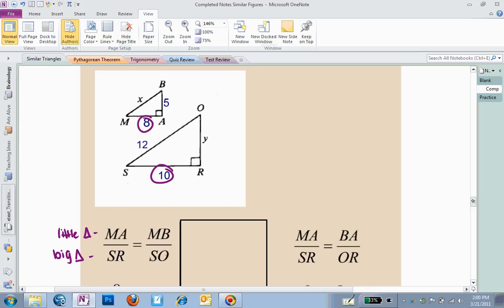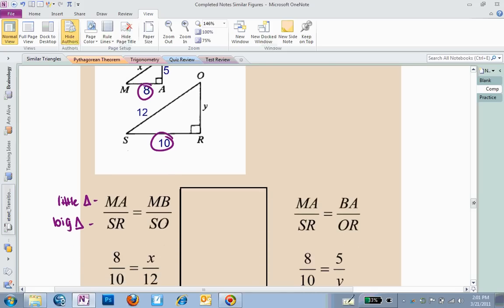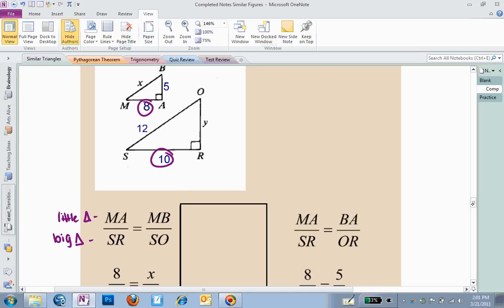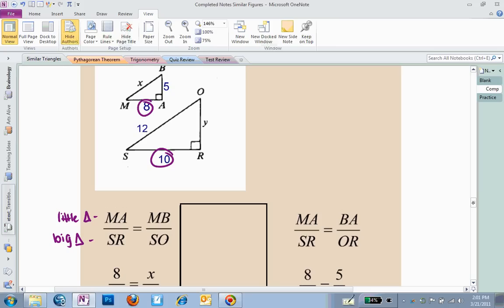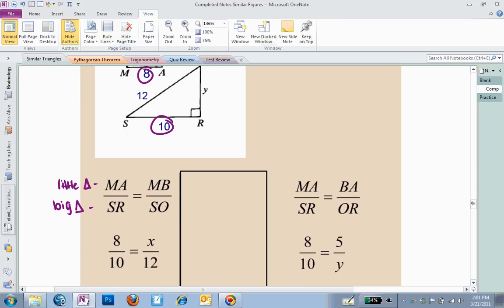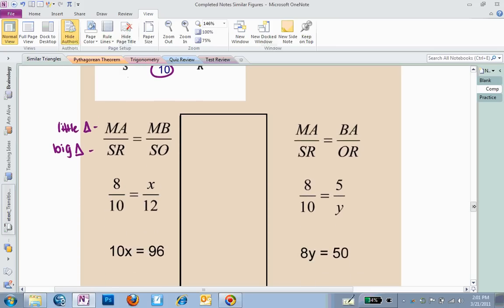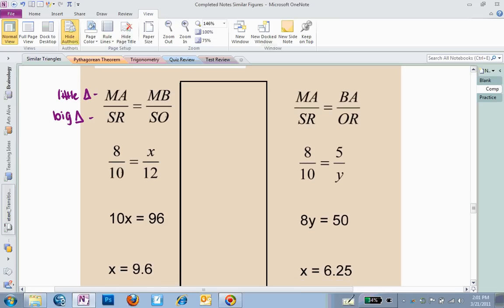I'm going to replace all of this with the lengths, so I end up with MA is 8, SR is 10, MB is X, and SO is 12. I'm going to cross multiply and solve, and I end up with 10 times X is 10X, 8 times 12 is 96. Divide both sides by 10, and X equals 99.6.